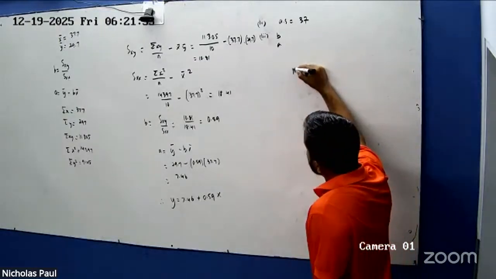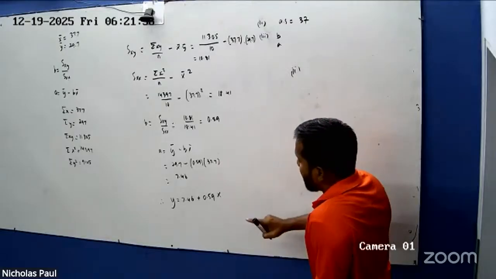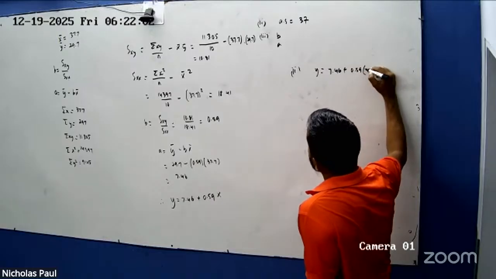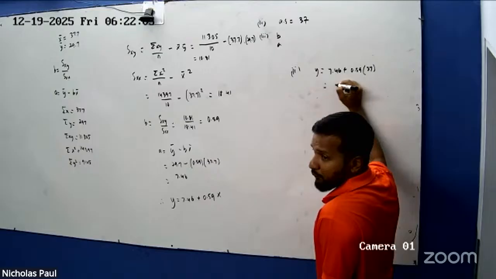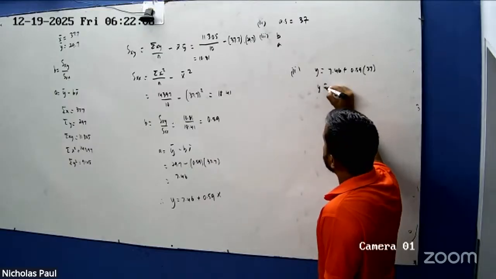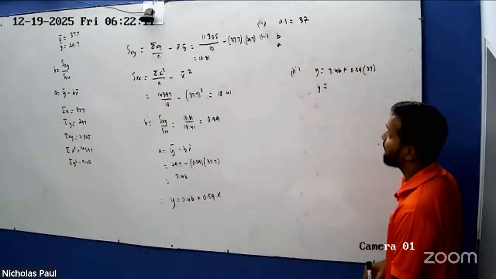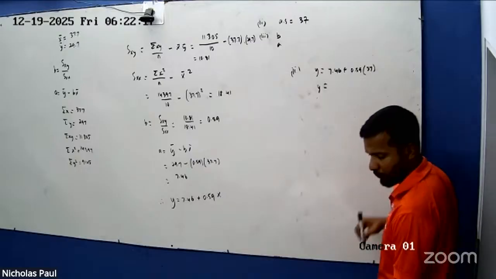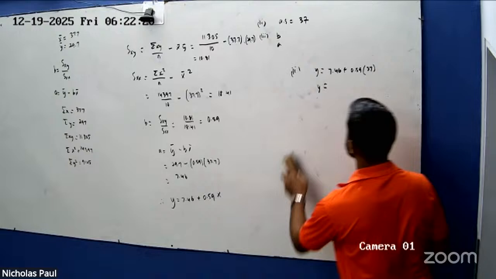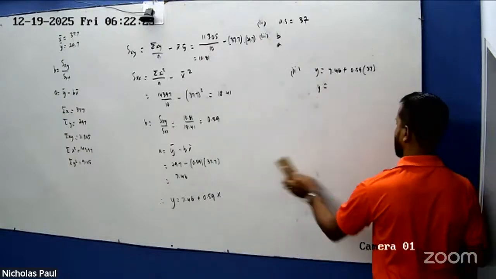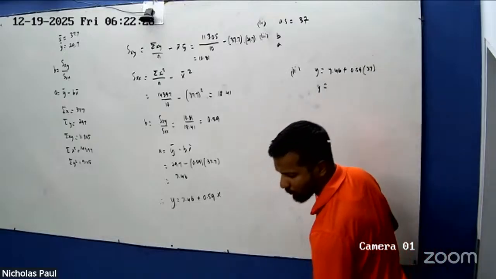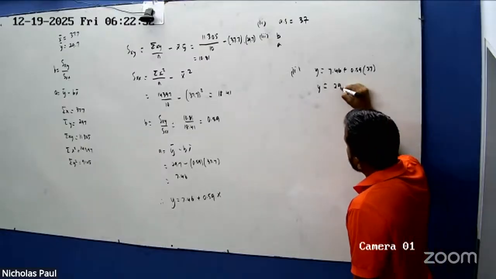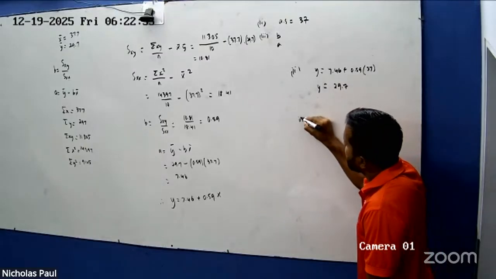And then part two, they want us to estimate y. So y will be 7.46 plus 0.59 by 37. How much is that? That's part two. 29.7. Right.